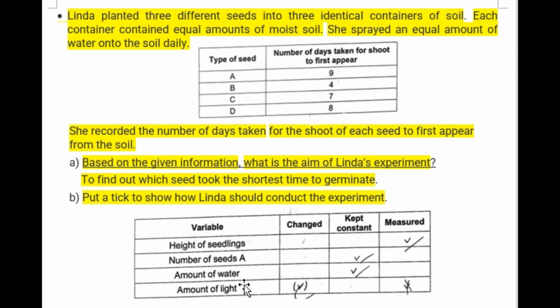Variable: amount of water, kept constant. Variable: amount of light, changed.